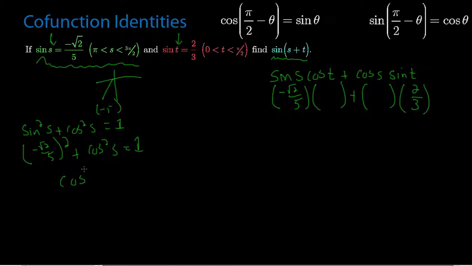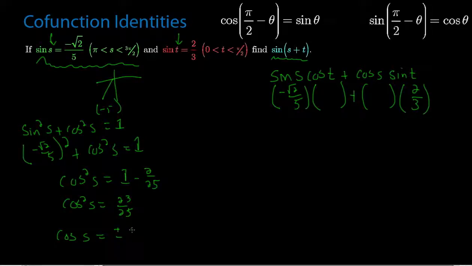I know that cosine squared s equals 1 minus. Squaring this and bringing it to the other side gives me negative root 2 times negative root 2 is 2, and 5 squared is 25. So 2/25ths. I know that now cosine squared s is 23/25ths, which tells me cosine s is plus or minus.